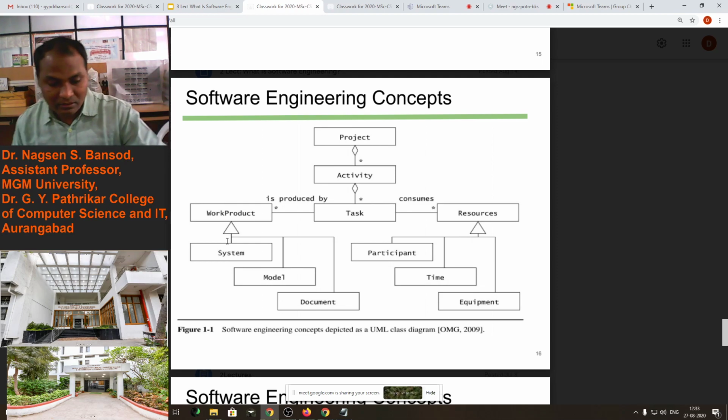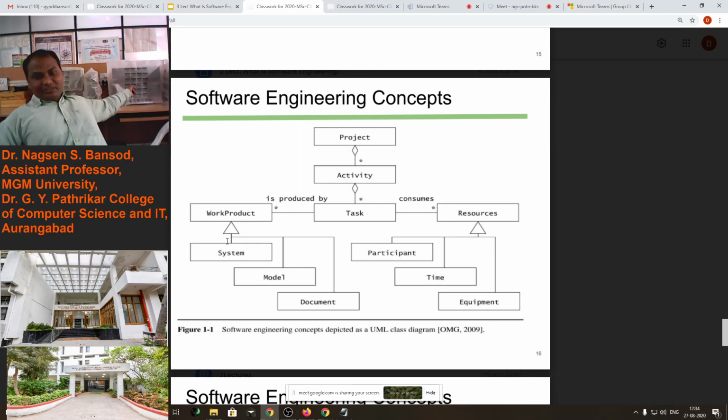System means a combination of people, software, hardware, and other equipment. All this means the system. Sometimes we can say a computer is a system. This is my system. There are 4 systems, there are 5 systems. You see, this is one of the systems. Why can we say system?